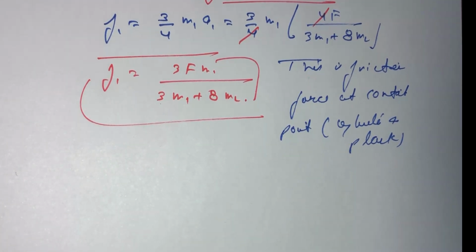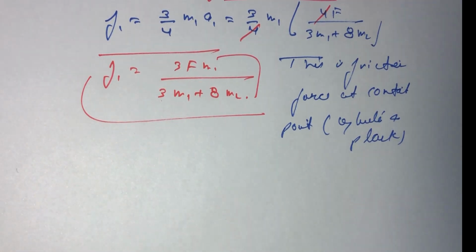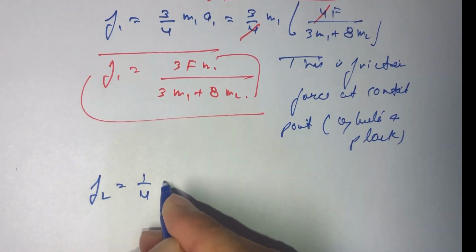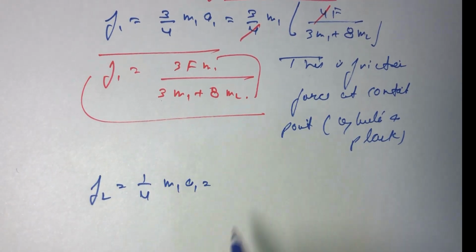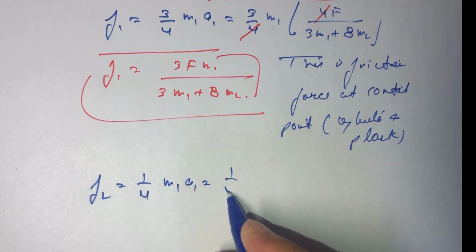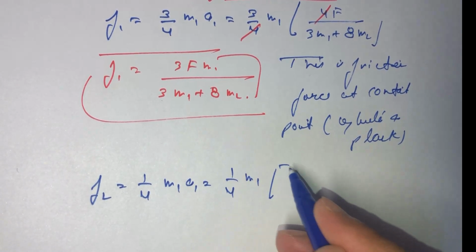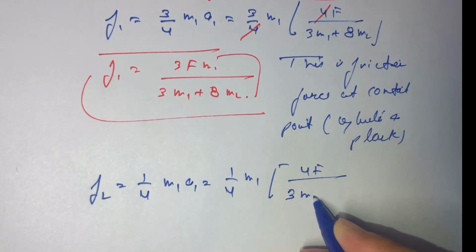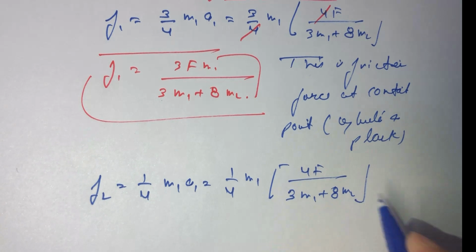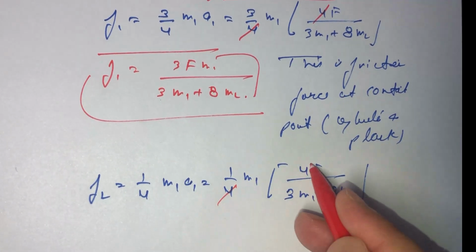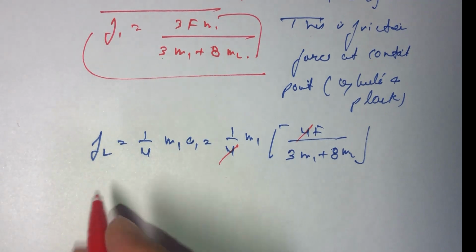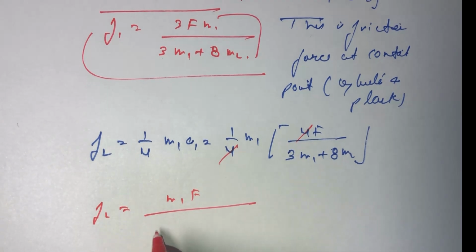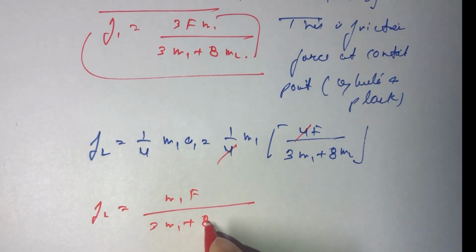Now we find our F2. We know that F2 is equal to 1 by 4 m1a1. Substituting the value of a1, we get 1 by 4 m1, and a1 is 4F divided by 3m1 plus 8m2. 4 goes with 4, so we get F2 is equal to m1F divided by 3m1 plus 8m2.